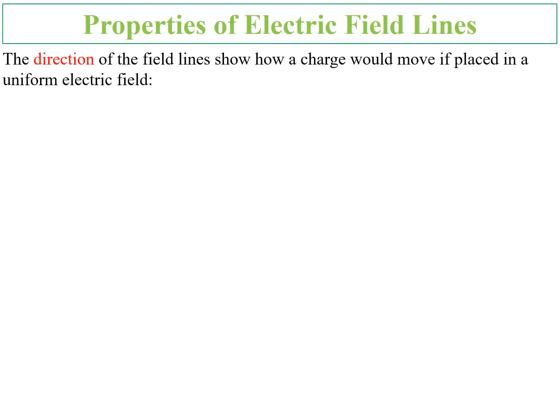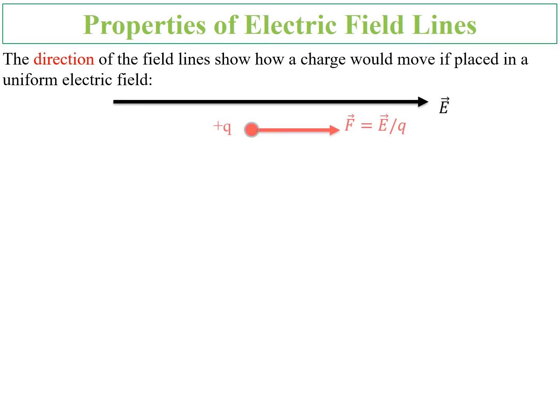The direction of the field lines shows how a charge would move if placed in a uniform electric field. So if we have a positive charge q, and the force on it will be, no, this is not correct.